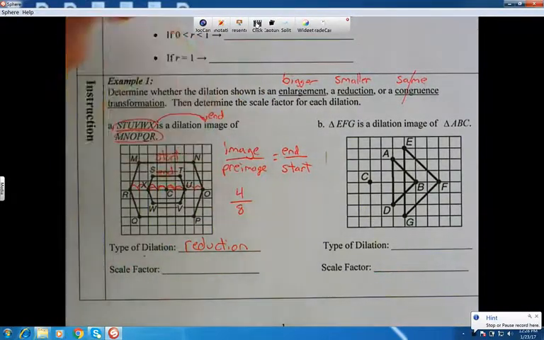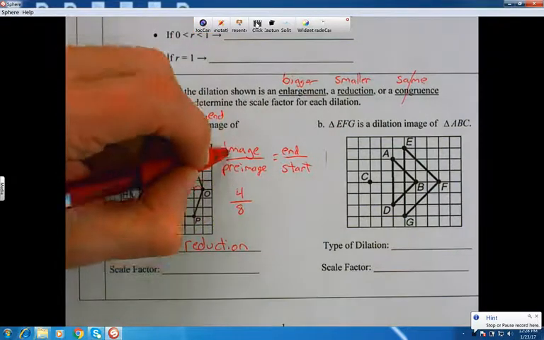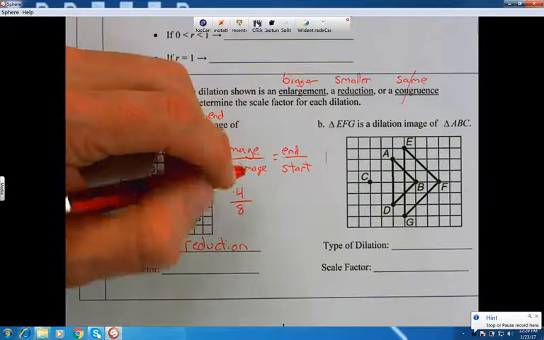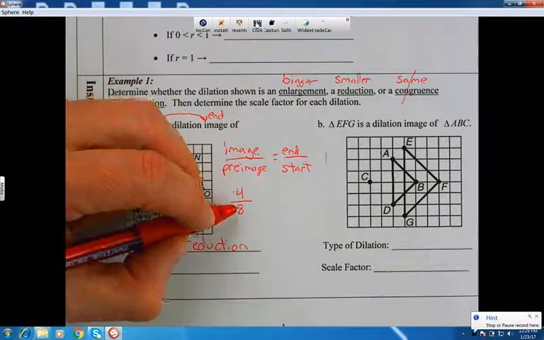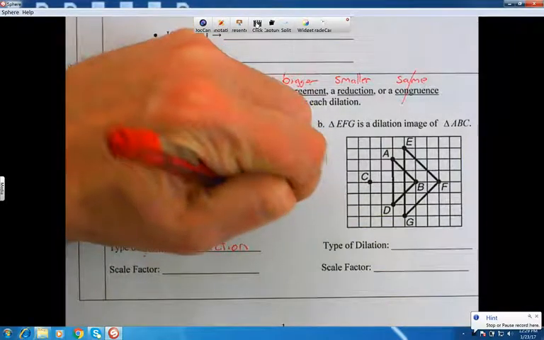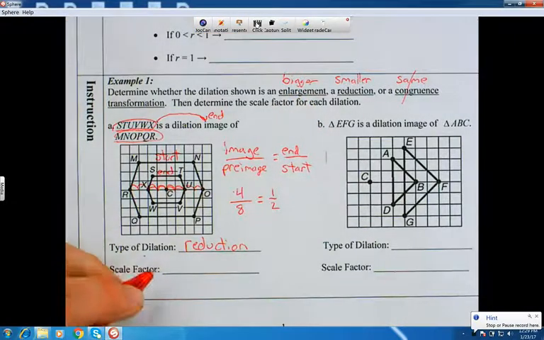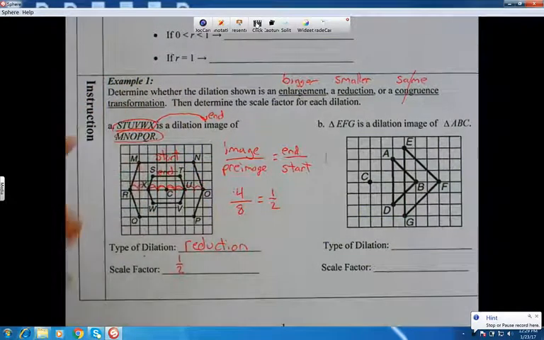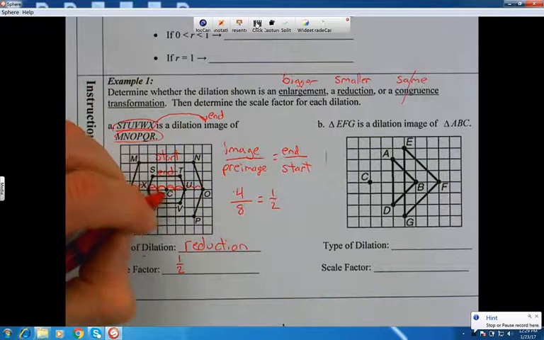So for the scale factor, we just take those two numbers, the image divided by the pre-image, or you could think about it as the end divided by the start. And we can reduce that, and that gives us 1/2. So we could say that the scale factor in this problem here is 1/2. That's how much smaller the end was.